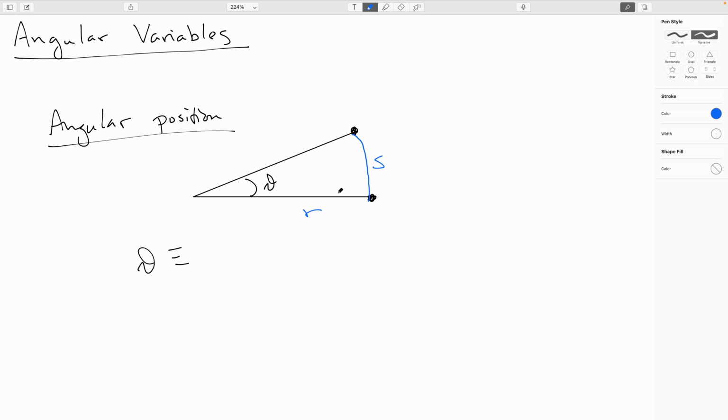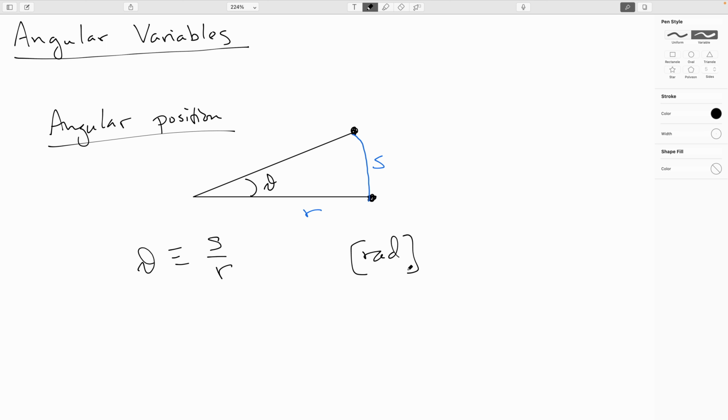And this is the radius of my string, or just the radius of the circle we're moving in. So this is defined to be the arc length over the radius. And we usually say that the units, quote unquote, for this are radians.